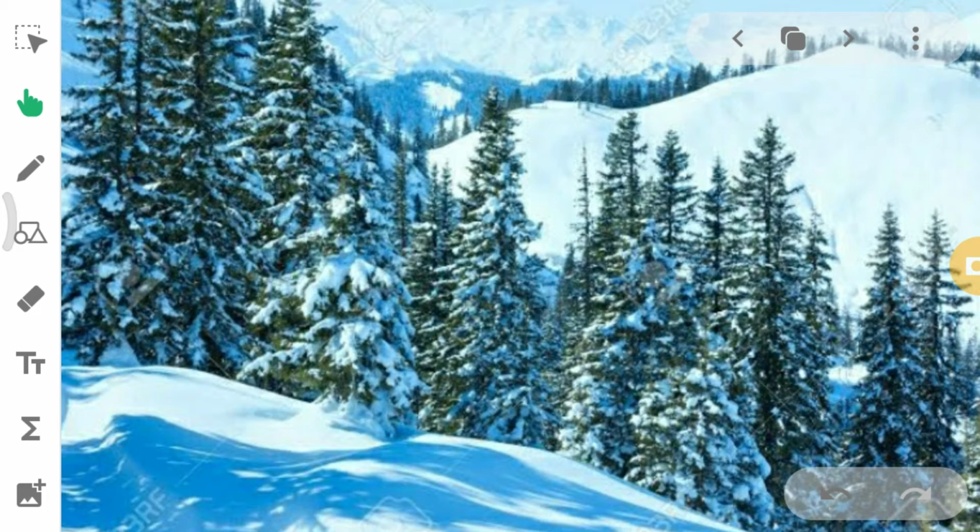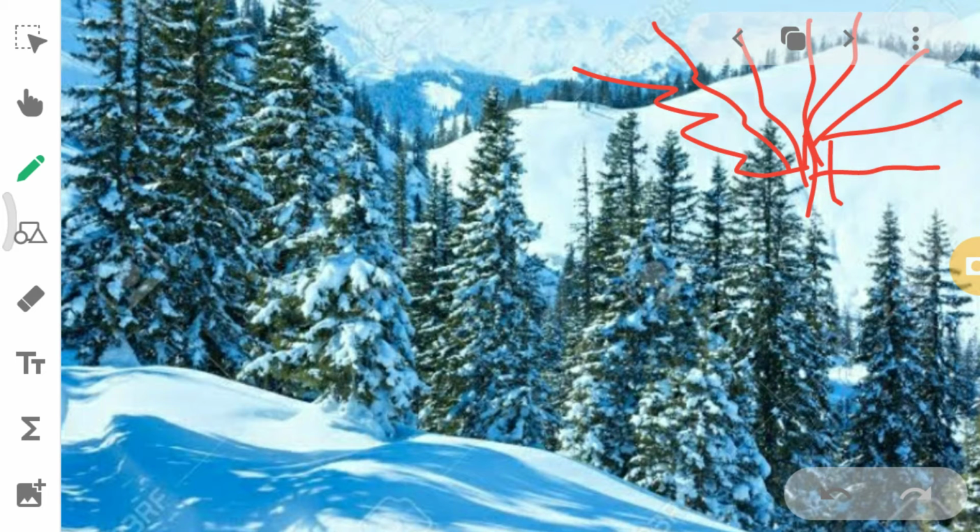Then, how are these trees adapted to the conditions prevailing in their habitat? Because in normal grasslands or wherever you see, near your house or somewhere else, the trees usually grow like this.